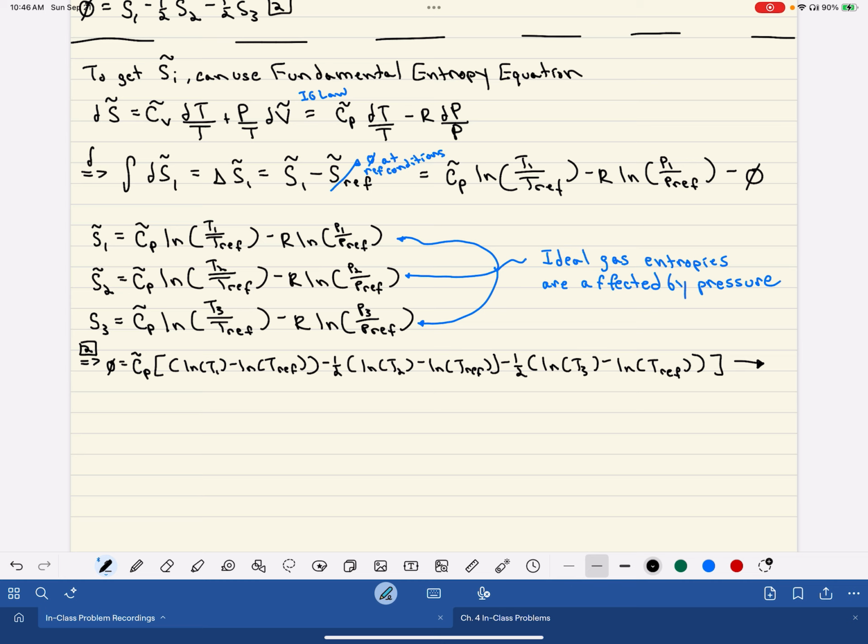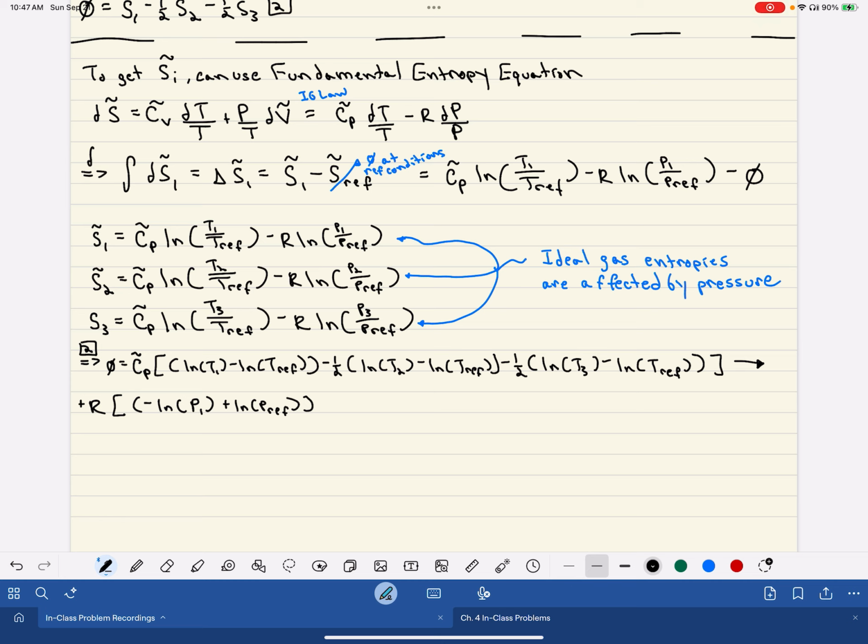All right, and now I'm going to focus on the pressure terms, and I'm going to write it like this. So first I'm going to write plus R. You'll notice that there's a negative R there. What I'm going to do is incorporate that negative inside the parentheses. So we'll first start with the entropy 1 pressure terms. So we have negative ln of P1 plus ln of Pref, right?